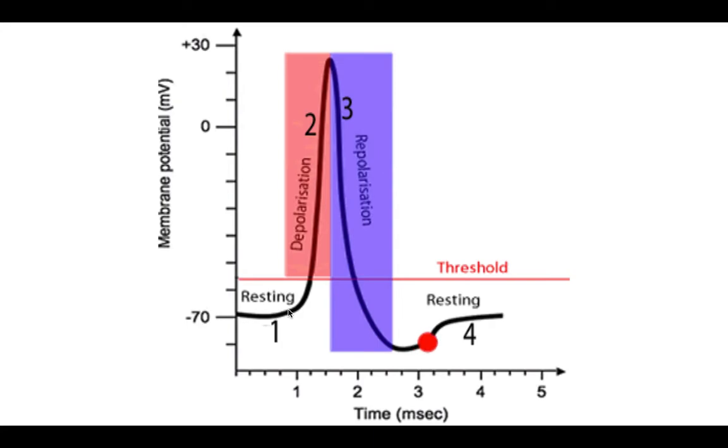So resting membrane potential is where the inside of the axon is negative.